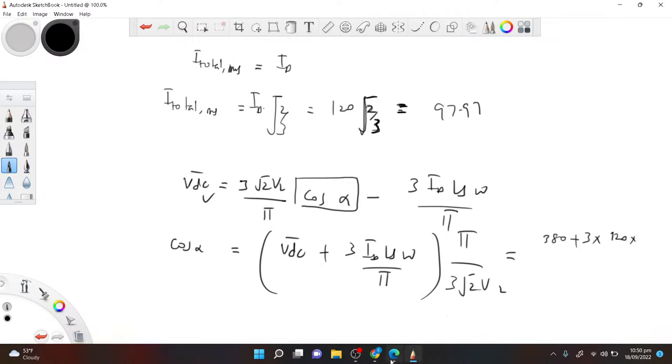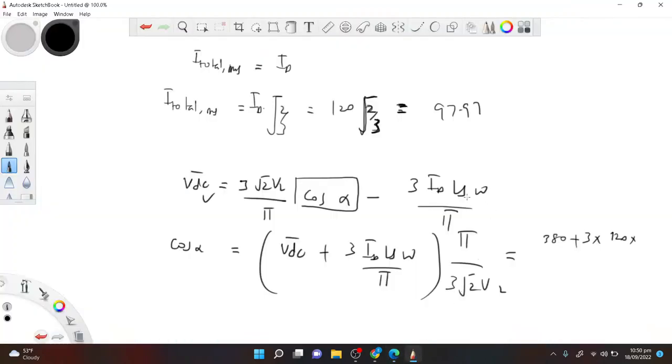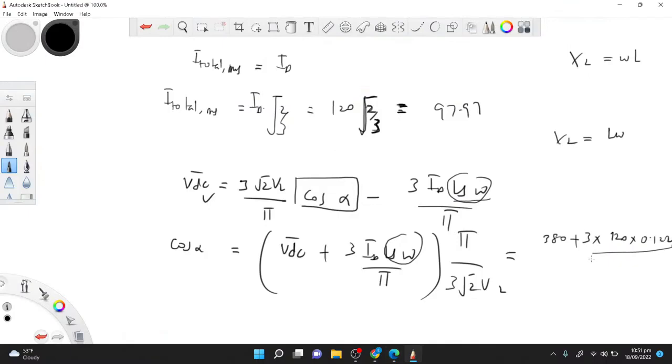Ls omega is XL, the reactive impedance, omega L. So they give us the reactance, which was 0.122, accounting for these two, over pi.